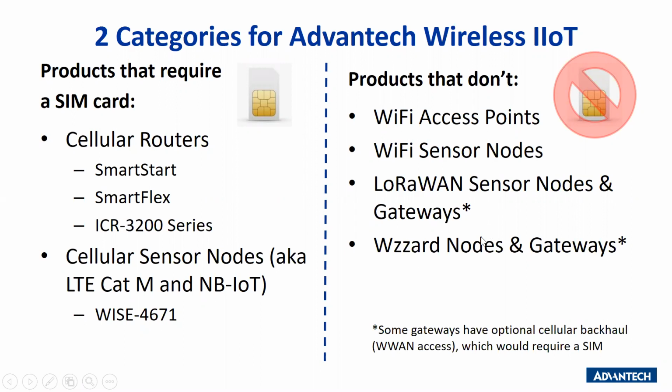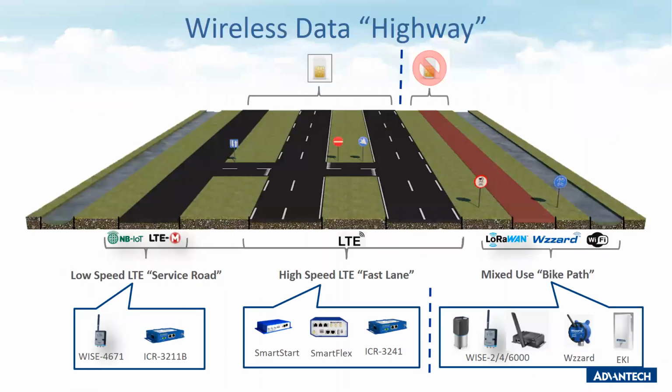To put this all together in a picture, what I think has been helpful, and if it's not helpful, just ignore it, is the way that we explain this. The cellular network operators think of their data network like a highway.